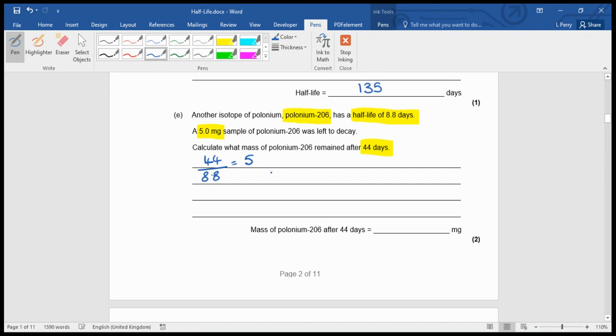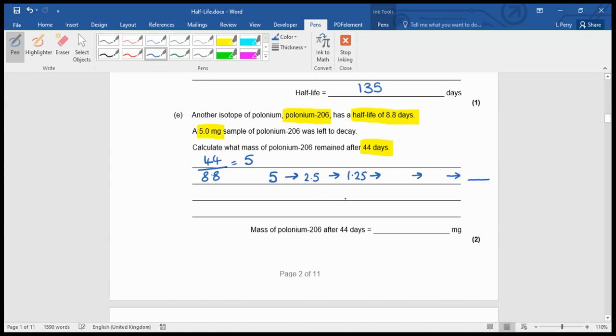So if it's going to halve 5 times, we're starting with 5. Type that into my calculator as we go. 5, halve it once, halve it twice, halve it 3 times, halve it 4 times, halve it 5 times. Halved once is 2.5. Halve it twice is 1.25.